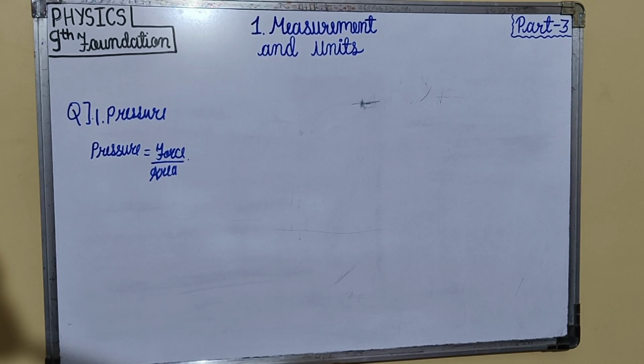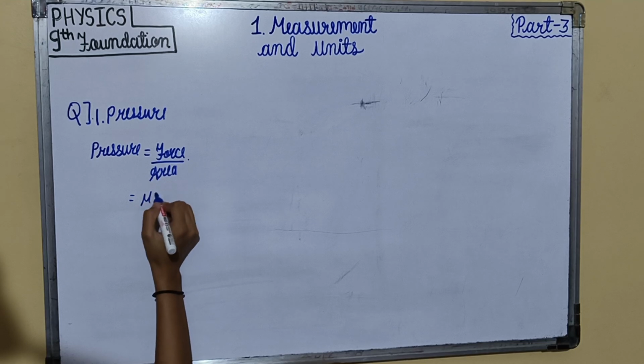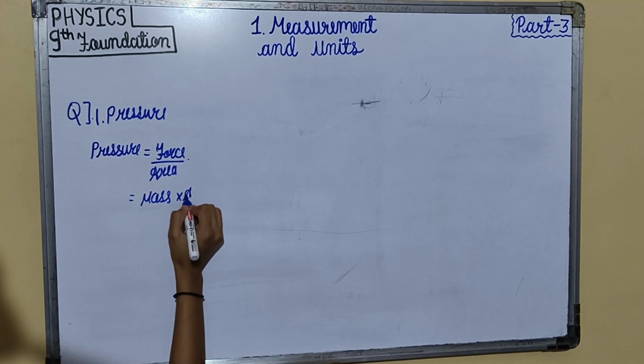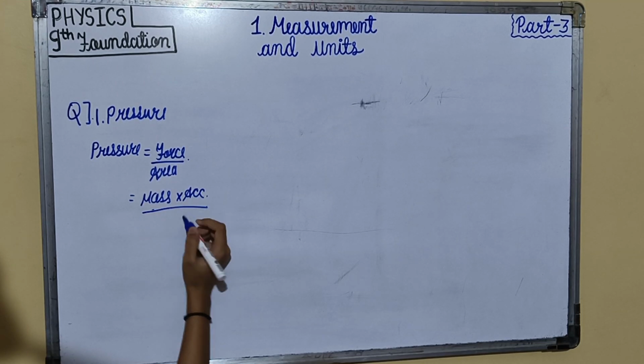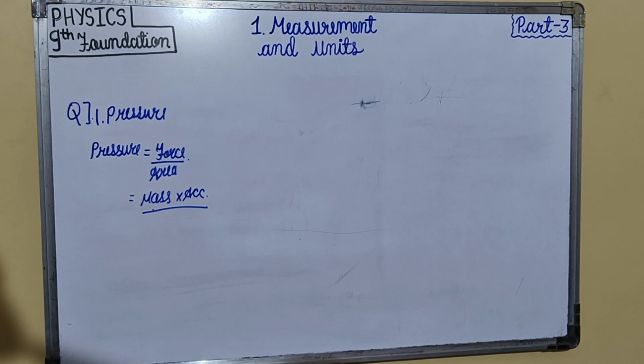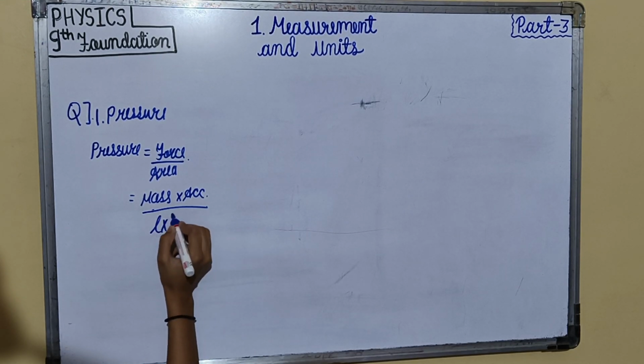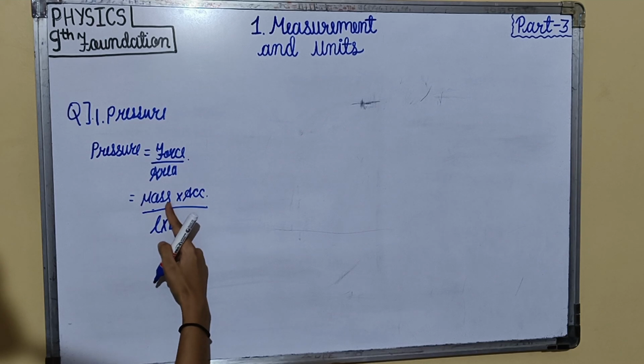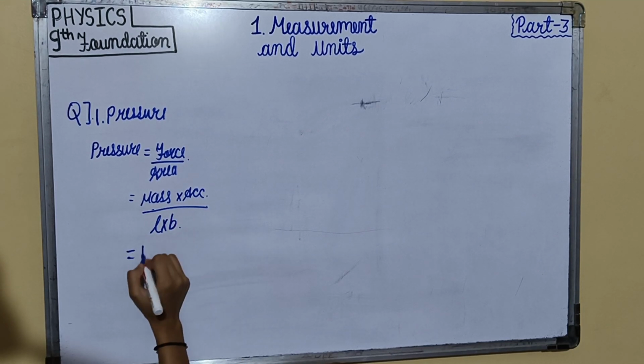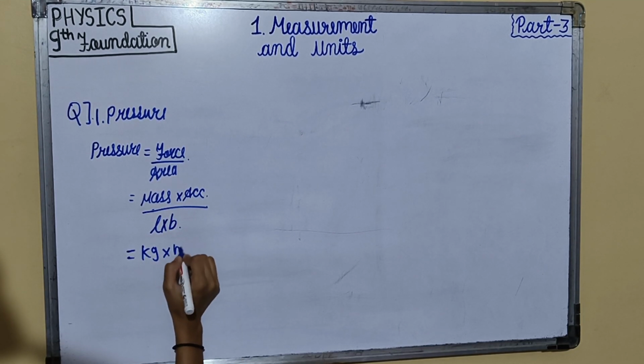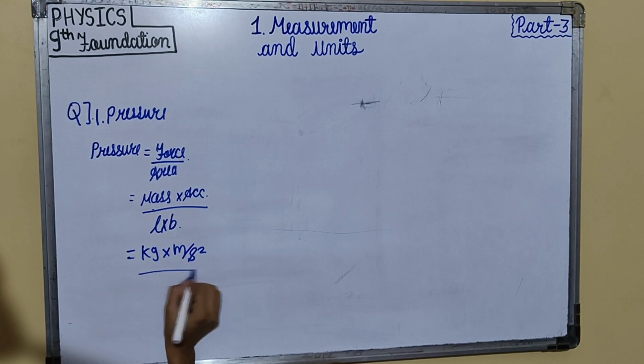Now, we have learned that force is equal to mass into acceleration. So, pressure is equal to mass into acceleration upon area. We have learned that area is length into breadth. The unit of mass is kg and the unit of acceleration is meter per second square, upon the unit of length into breadth, that is meter square.